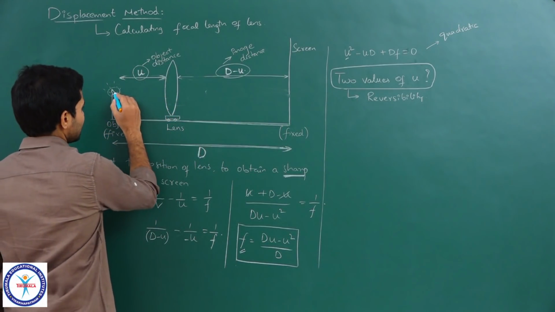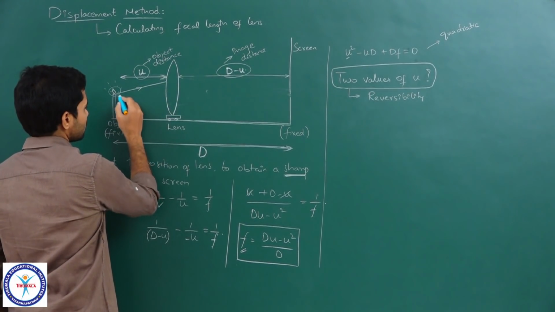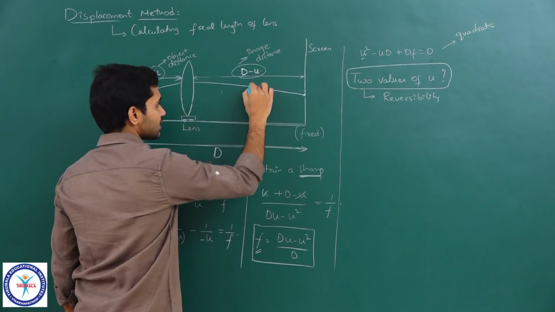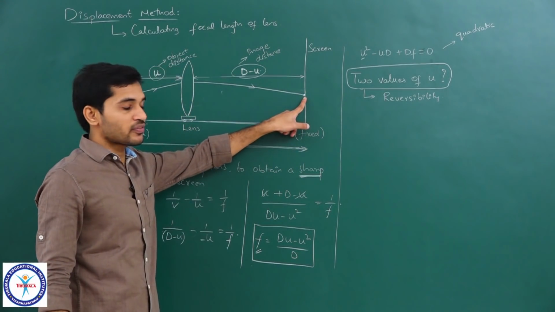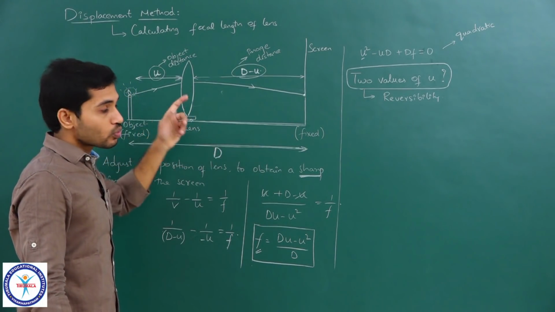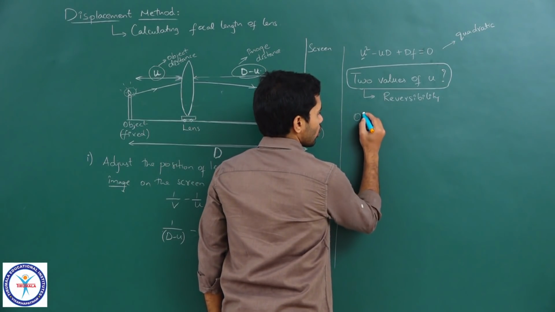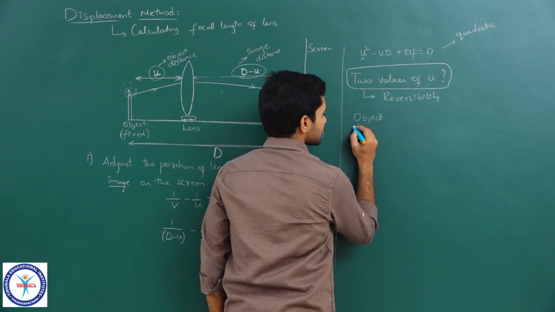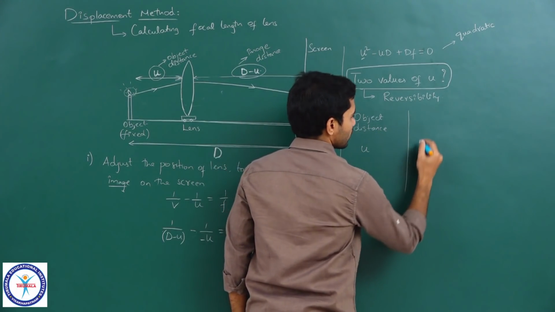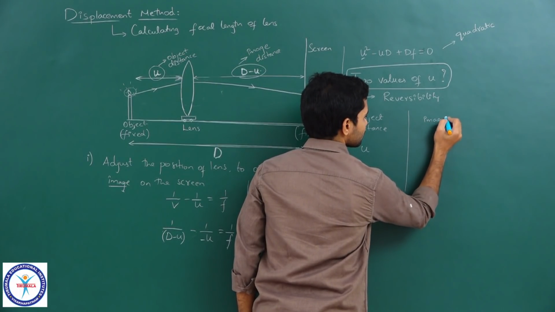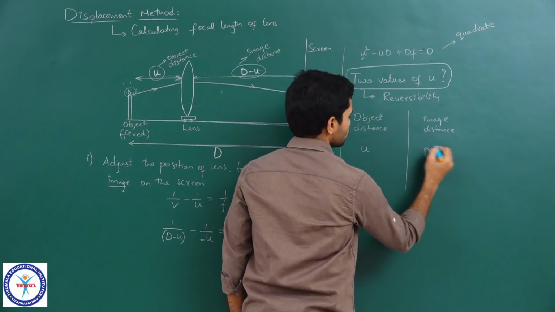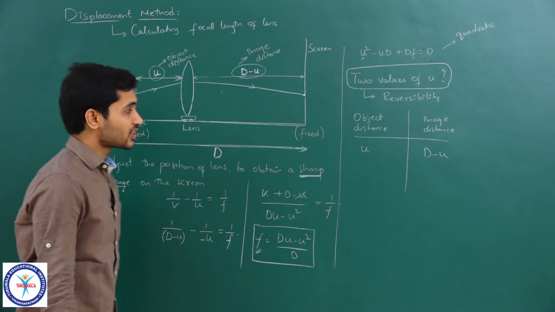See, if there is a light ray which is incident in this manner from the object, and if it goes and converges over here on the image, can I say if a light ray is coming from here in the opposite direction, it will exactly reach this position. So, what that means is that for an object distance of u, if we are getting an image distance of d minus u, then what does the concept of reversibility tell us?